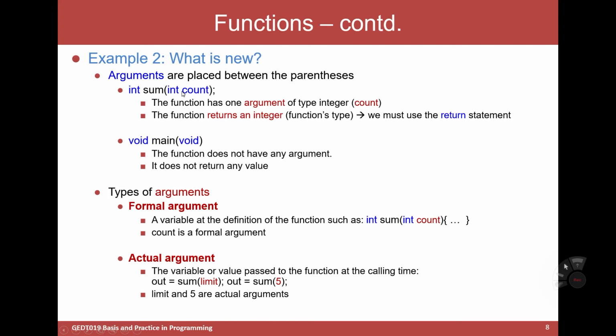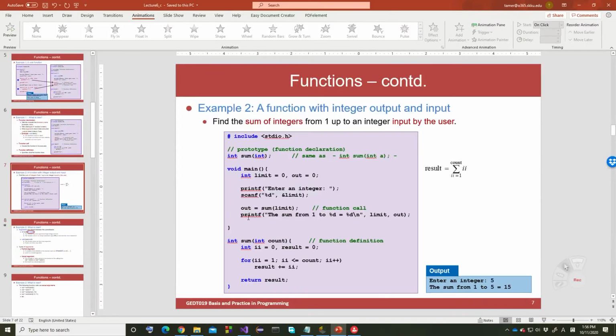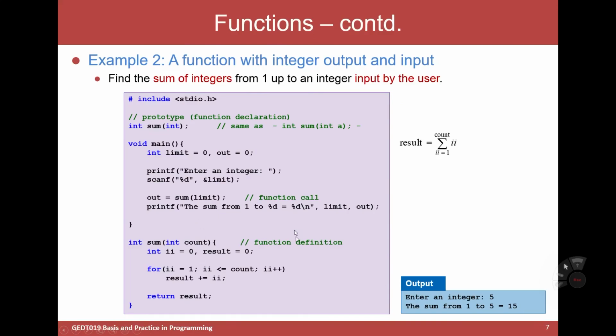So here we call this one formal arguments, and then when you call the function sum, the values you give to count we call actual arguments. Let's go back to the example here. For example, this one is a formal argument.